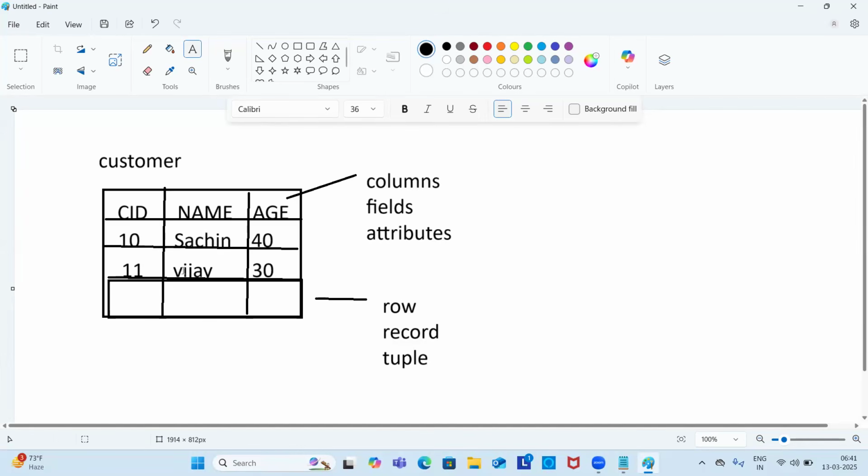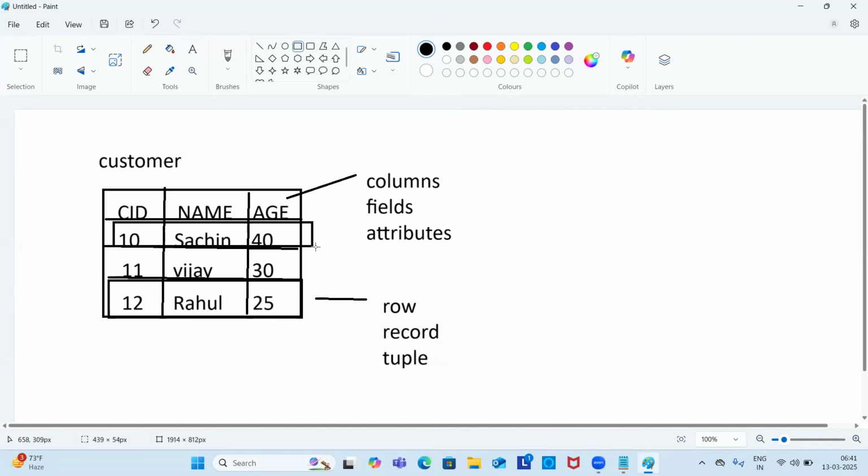In this table, how many rows are there? This table contains 3 rows: row 1, second row, third row. The first one is not considered a row because it contains field names.